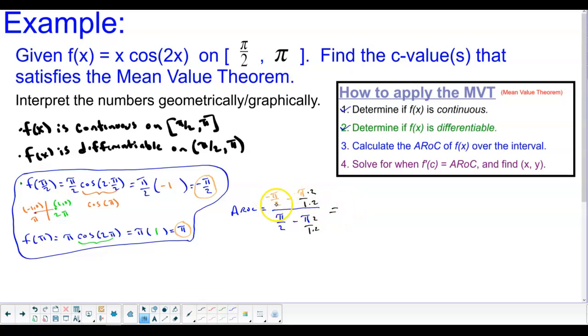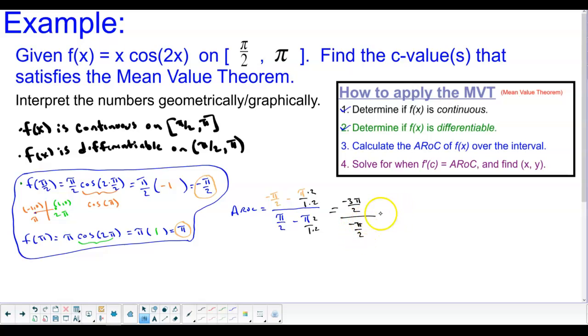So think of this as -pi over 2 minus 2 pi over 2, so -pi minus 2 pi is going to give me -3 pi over 2 for the top. And then the bottom we get pi over 2 minus 2 pi over 2, which will give me -pi over 2.